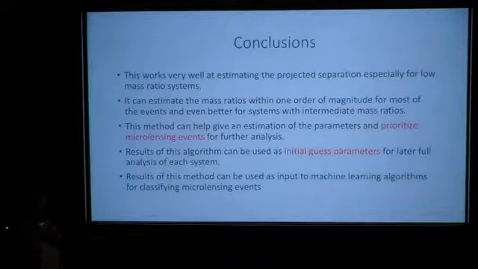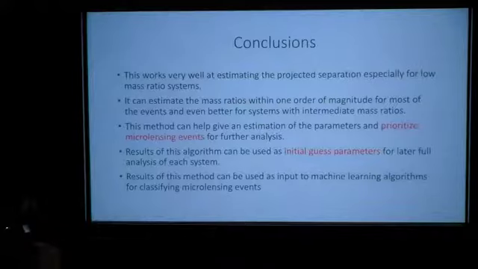So what we can say is that this method works really well for the projected separations, especially for low mass ratio systems. And we can estimate the mass ratios of these systems within 1 order of magnitude for most of the events, and even better for systems with intermediate mass ratios.